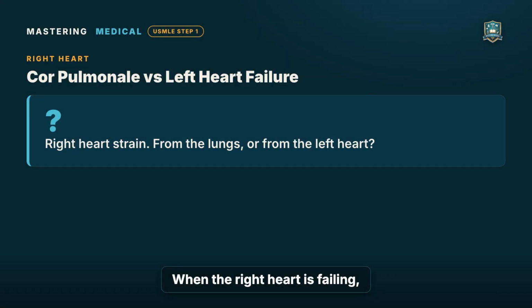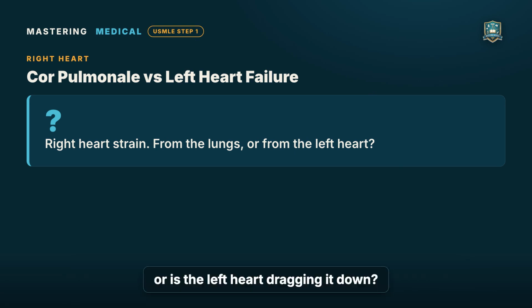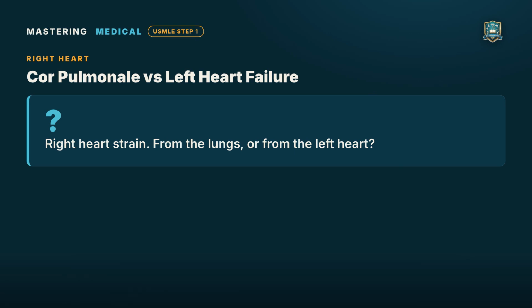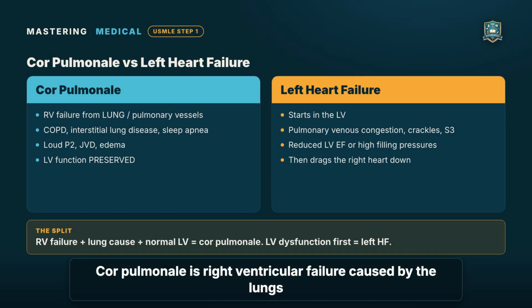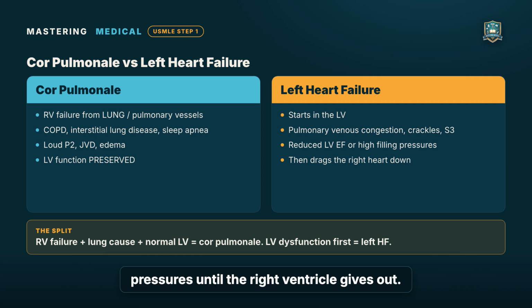When the right heart is failing, the next question is why. Is the problem starting in the lungs, or is the left heart dragging it down? That is cor pulmonale versus left heart failure. Cor pulmonale is right ventricular failure caused by the lungs or the pulmonary vasculature. Chronic obstructive pulmonary disease, interstitial lung disease, or sleep apnea raise pulmonary pressures until the right ventricle gives out.